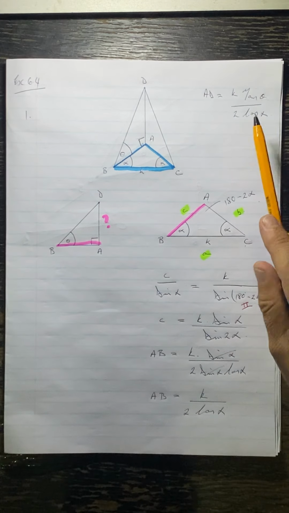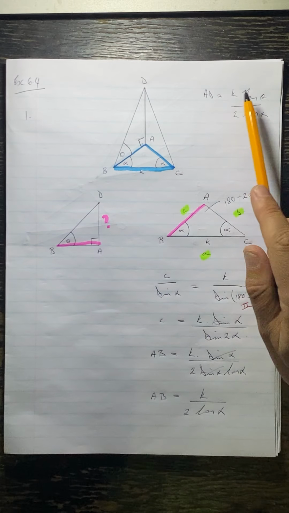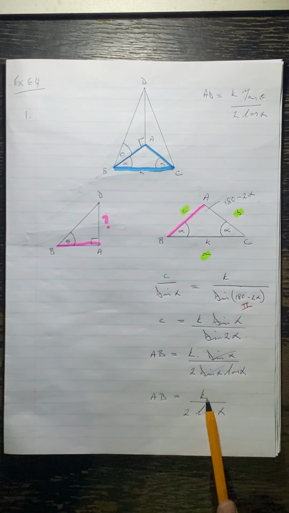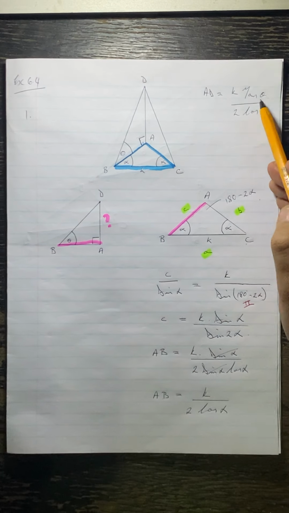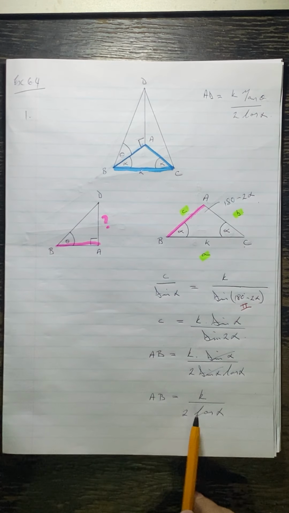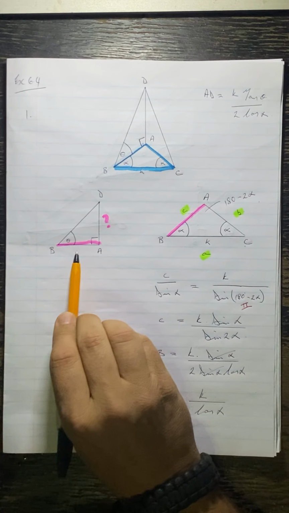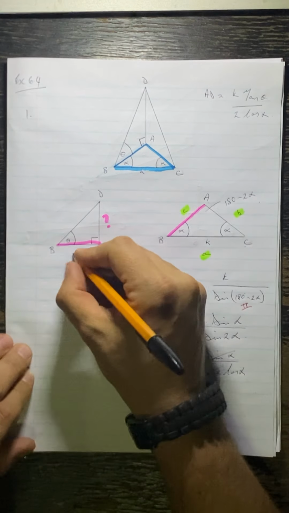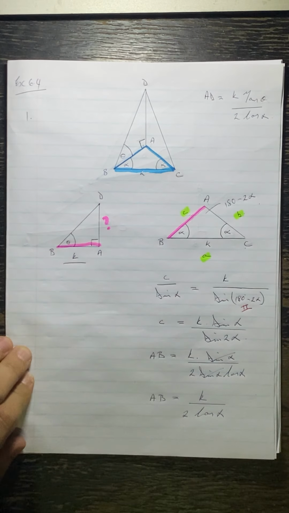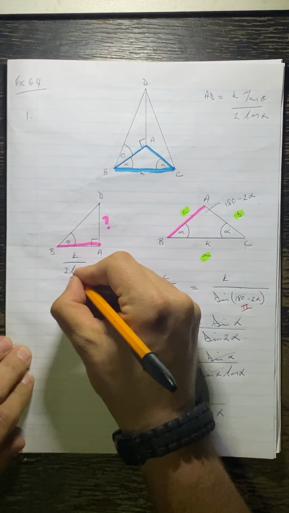All right, so as you can see with what we are required to prove, we've got the k at the top, 2 cos alpha, 2 cos alpha. So I'm almost there. I just need to get that tan bit. So that AB is now this AB. Those were the links. Okay, so now I know that this is k over 2 cos alpha.